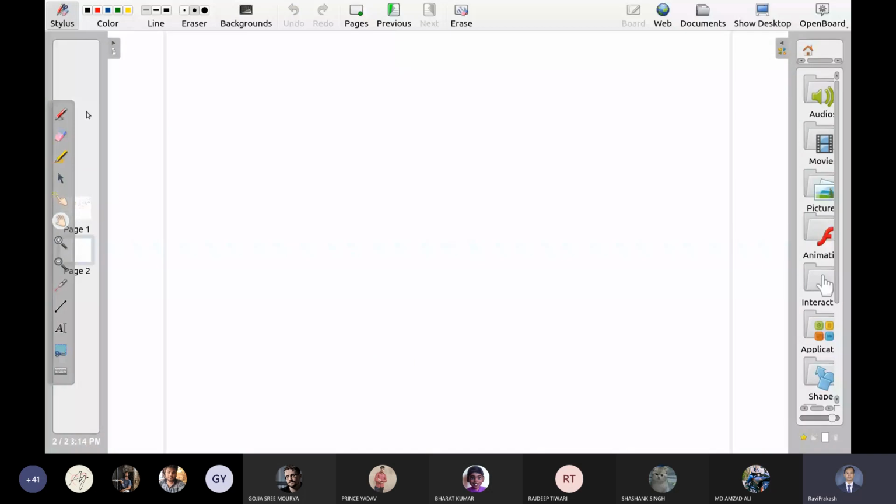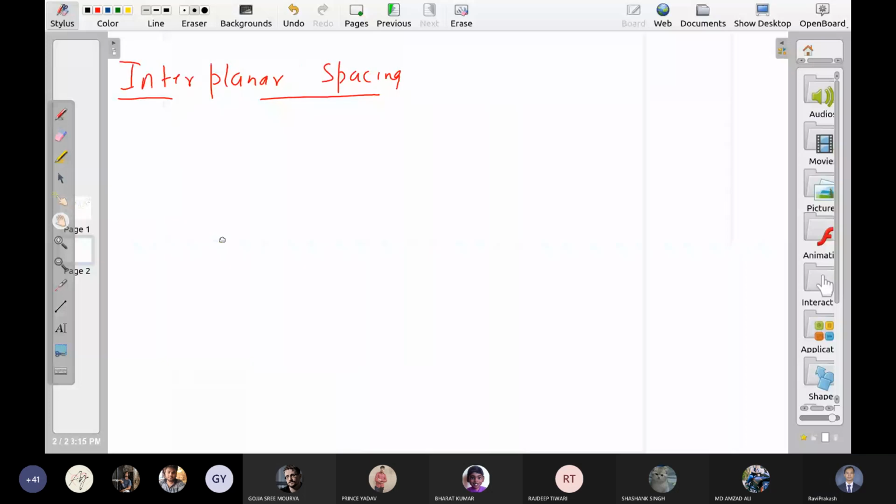So what is interplanar spacing? Interplanar spacing means, let us say I have a lattice like this. So I am going to draw only a 2D lattice.